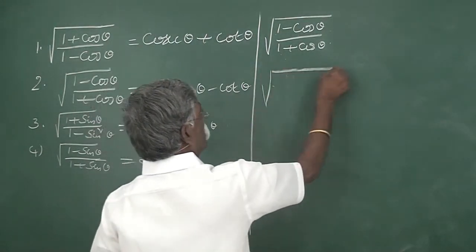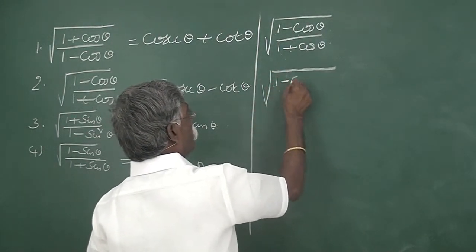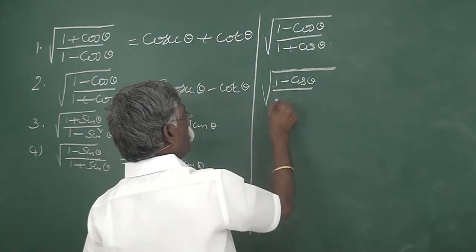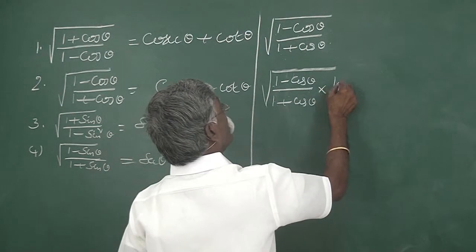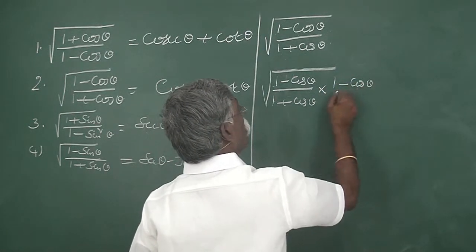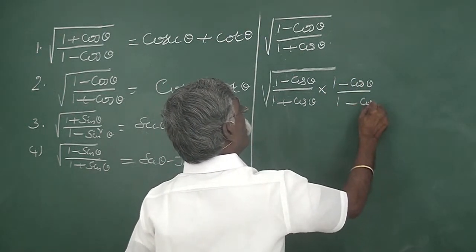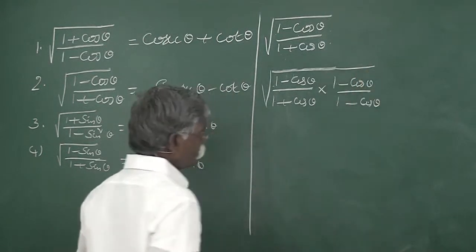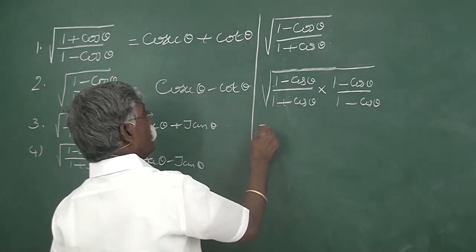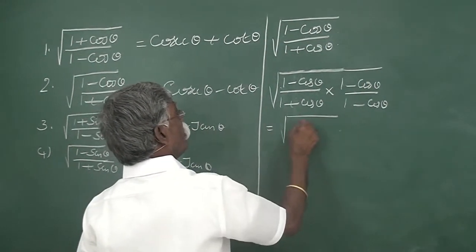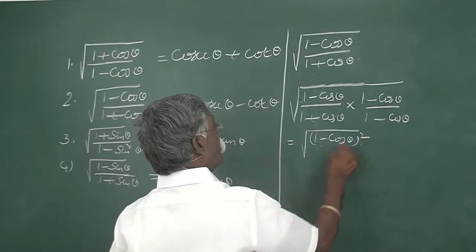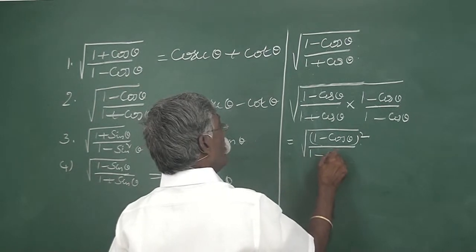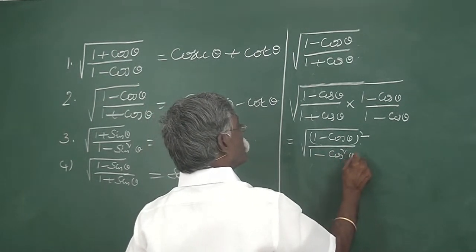Therefore, under the square root, we multiply this by (1 minus cos theta) by (1 minus cos theta). So in the numerator it is 1 minus cos theta whole square, and the denominator is 1 minus cos square theta.